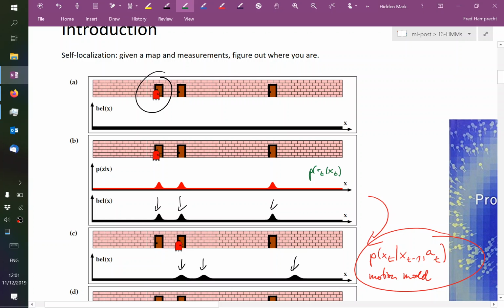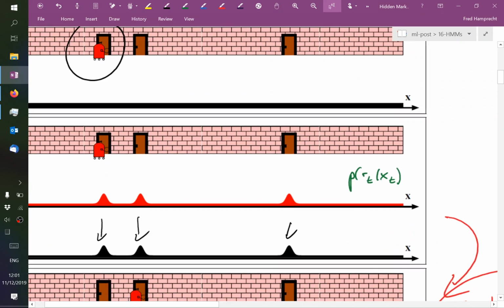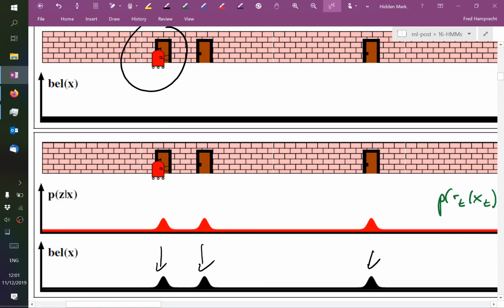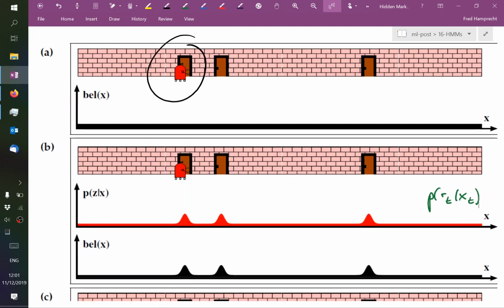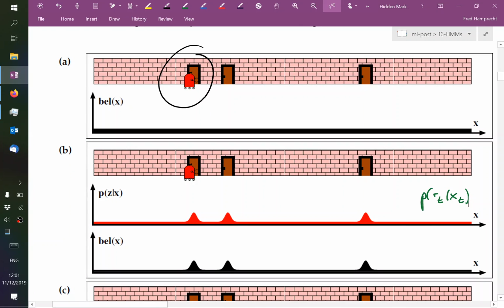They've called it Z given X. So let's say maybe the robot has a color sensor, and this color sensor says that I see a dark brown that's more a door color than a brick color, or perhaps the sensor says I see a surface with a depression. So this depth sensor would tell us that given the map, we're more likely close to a door here than close to the brick wall.